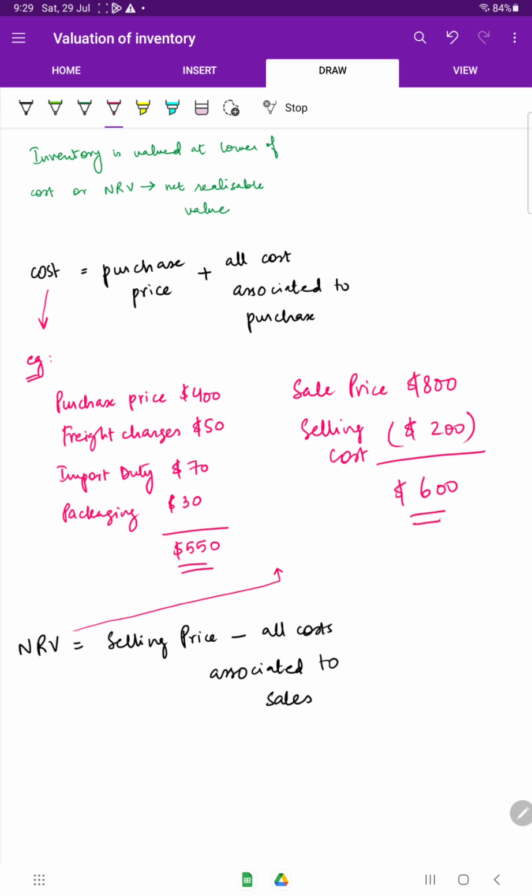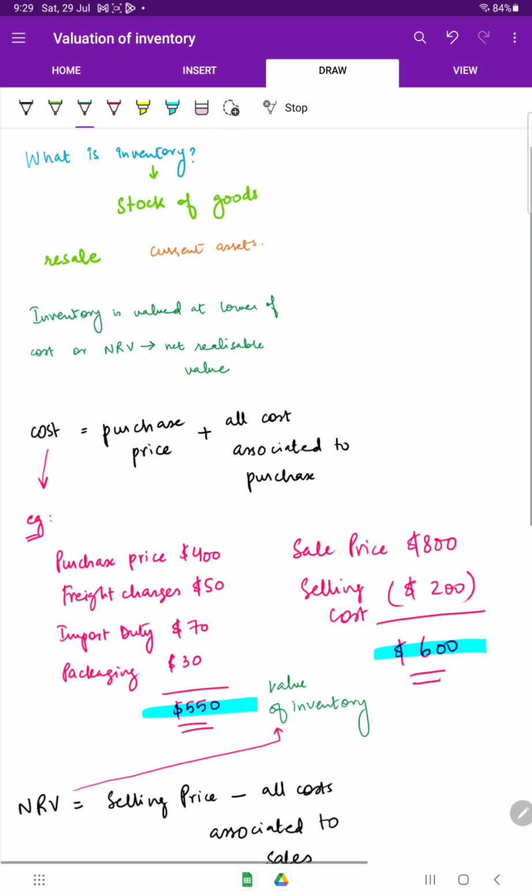Now I have the two values. I'll compare both of them and I'll see which one is the lower, the cost or the net realizable value. Since cost is the lower thing, this is my value of inventory, which is 550. Any problems so far?